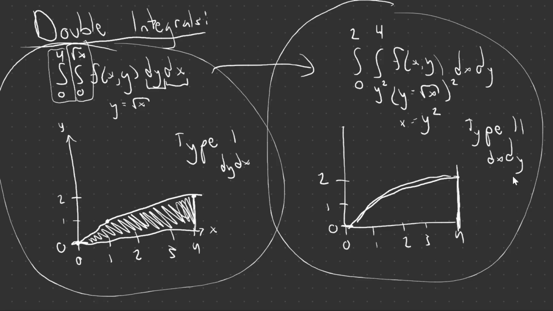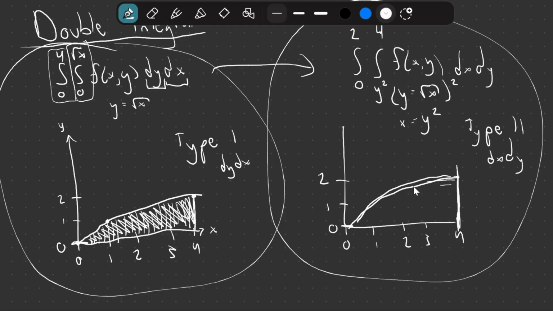The way you can picture the difference between these two types is that type 1, its lines are vertical, up and down, because your base is the x-axis, but in type 2, your lines are going to be horizontal with respect to the y-axis. So it'll look like that. So that is the first example, and now we're going to move on to the next one.